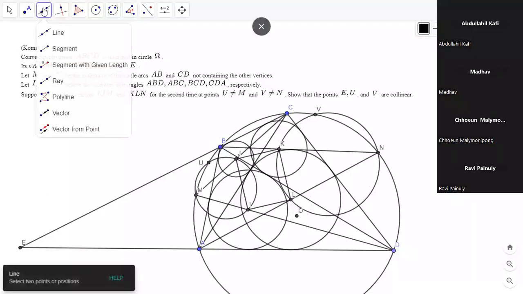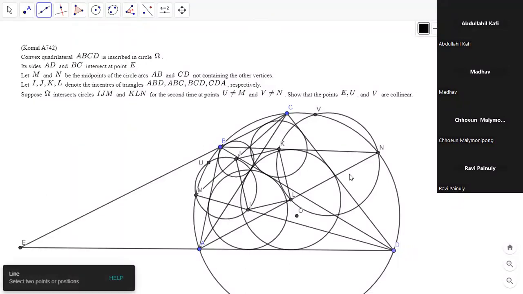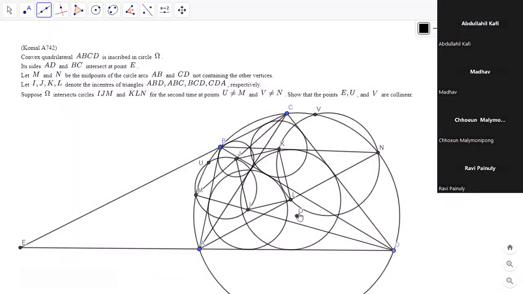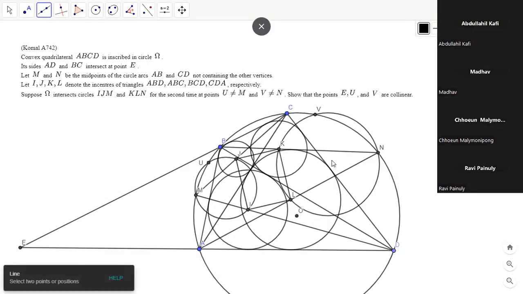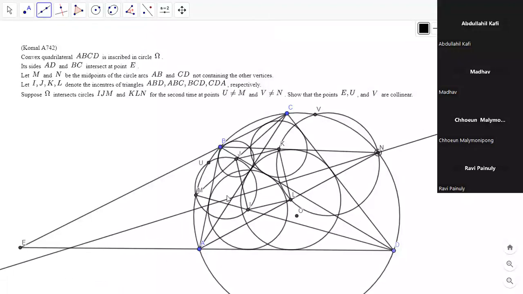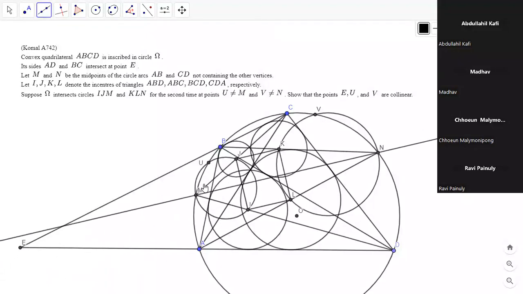And MN is the perpendicular bisector of both IJ and KL. Yes. That's interesting. Wonder if UV.